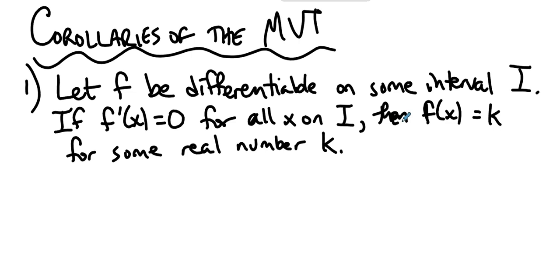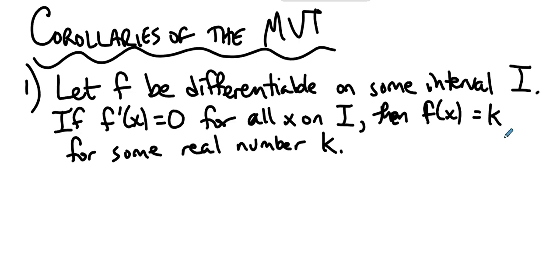Let's be clear about what this says. This says that if your derivative is 0, you have to be some horizontal function, some function whose graph is a horizontal line. And you're thinking, wait a minute, we knew that already.